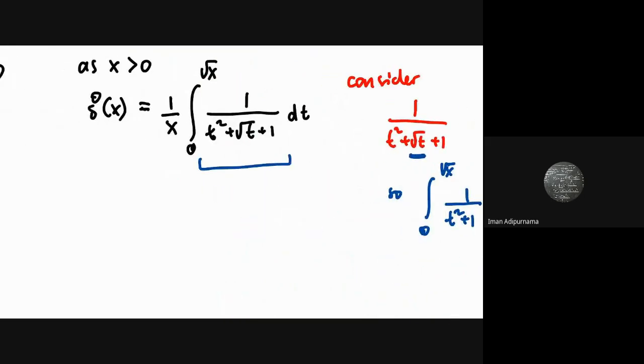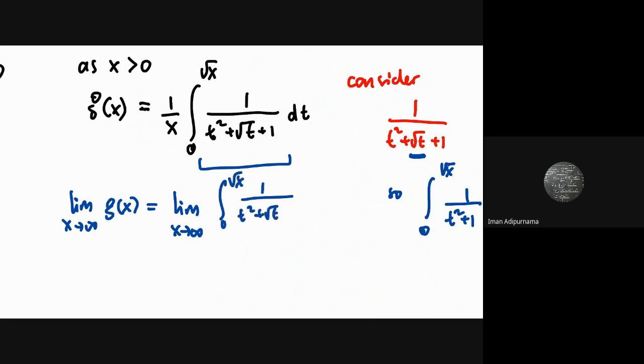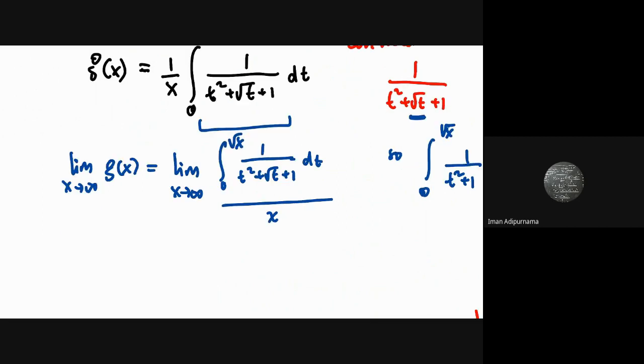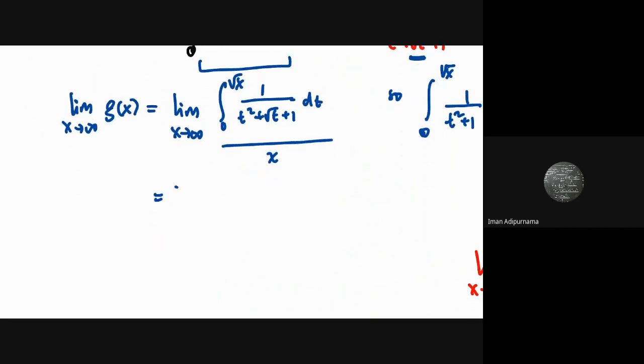Okay, so if we have the limit as x approaching infinity, let me write here, at least this is pi over 2, the maximum one that we can take, and this will be x.